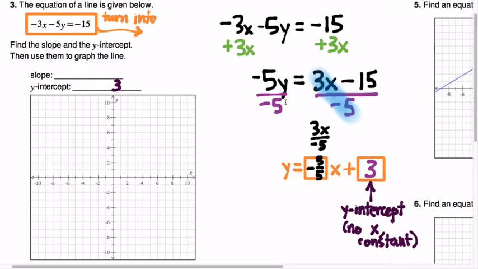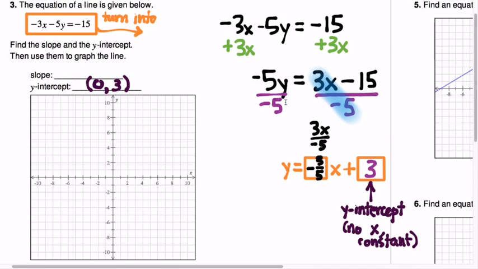If we want to be really specific about this, we should probably give the y-intercept coordinates. So the y-coordinate of that point is 3. What would the x-coordinate of the y-intercept be? As an ordered pair, we would put a 0 in the x-component because the y-intercept is a point on the y-axis, and points on the y-axis have an x-coordinate equal to 0.